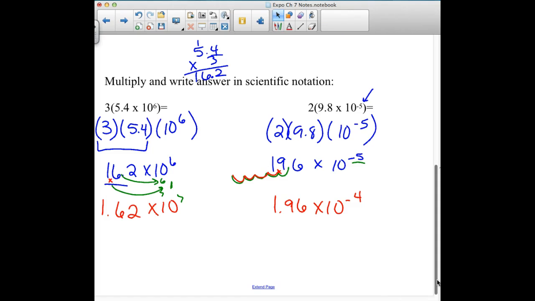All right, in your notes, there should be a summary page or a summary section. Our objectives again were to write numbers in scientific notation and to convert them back and forth between that and standard form. And then also to look at how we multiply numbers like we just did here that are in scientific notation. So take a minute and fill in your summary, and then go ahead and rate yourself on that scale of 0 to 4.